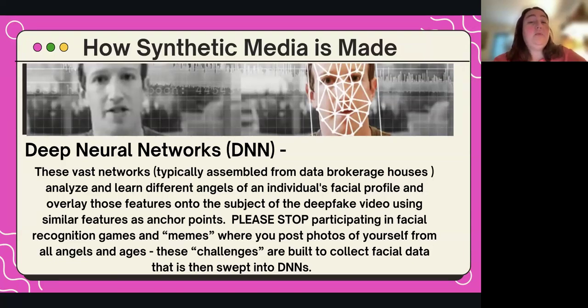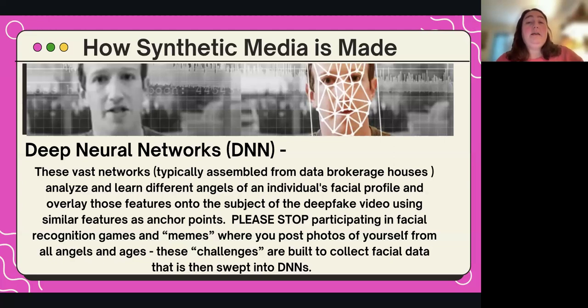These networks are typically assembled from data from brokerage houses, and a brokerage house is just the central point that buys your data. So Meta, Facebook is a data brokerage house. It collects massive amounts of data on its user base and then sells that to create DNNs or keeps that data to create its own DNNs.